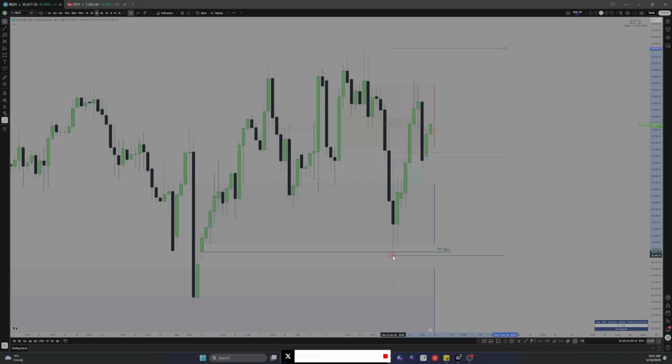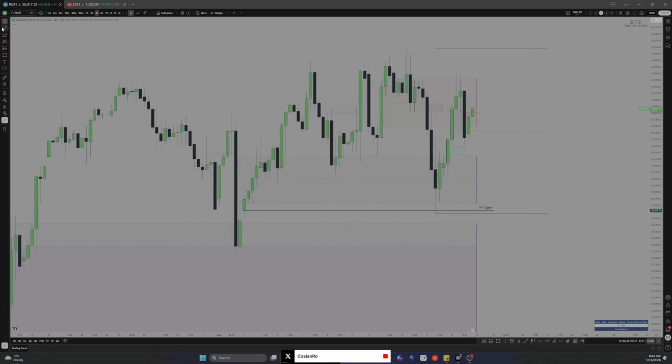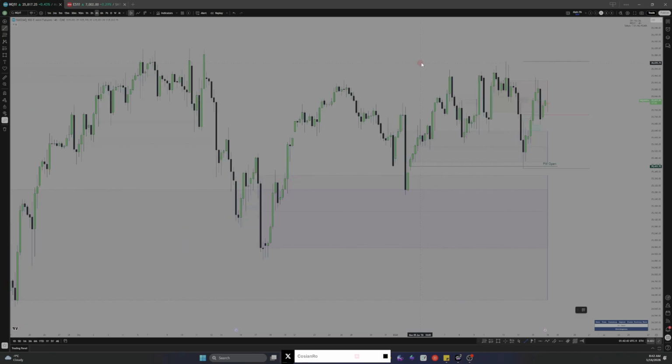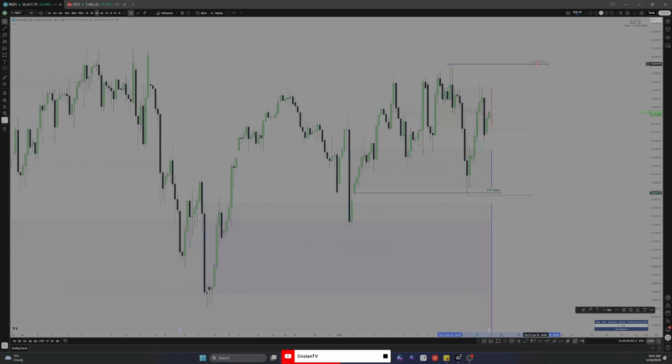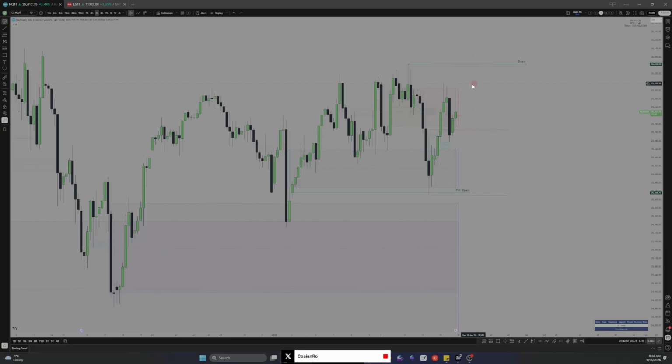Now that we established, we're going back up to likely this level, right? Probably. We will refine it in a moment. That's our draw on liquidity.